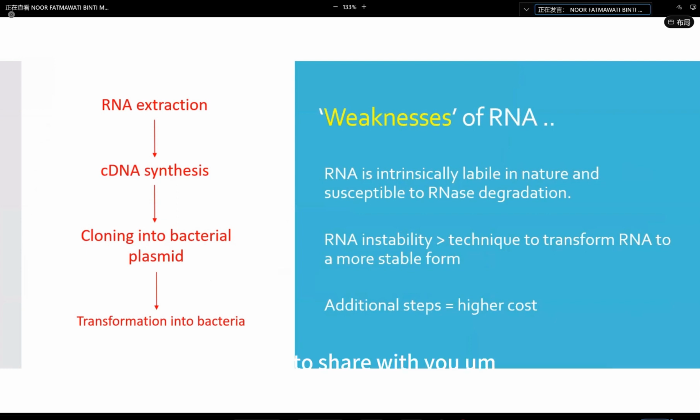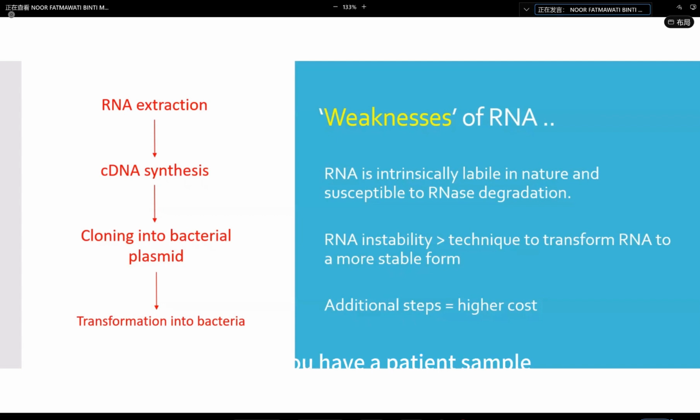Here, just to share with you, you can convert your RNA to cDNA, and if you want to keep your cDNA and amplify it more and more, you can do cloning, and then keep your cDNA in a bacterial plasmid or in a bacteria. So you are amplifying your target, and you keep it stored somewhere.